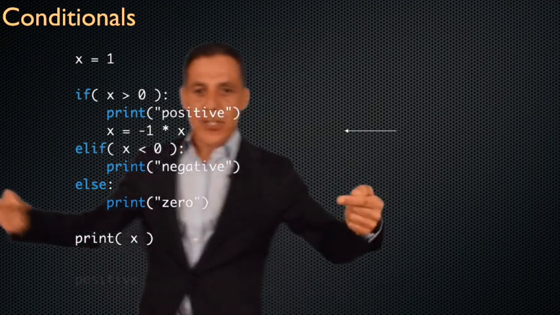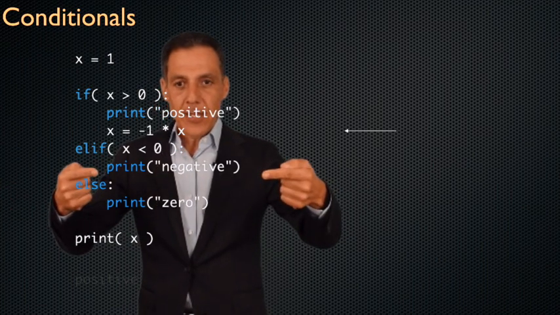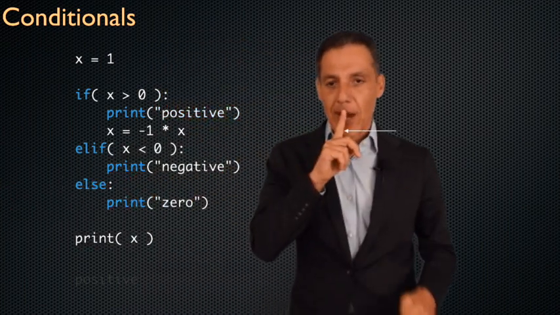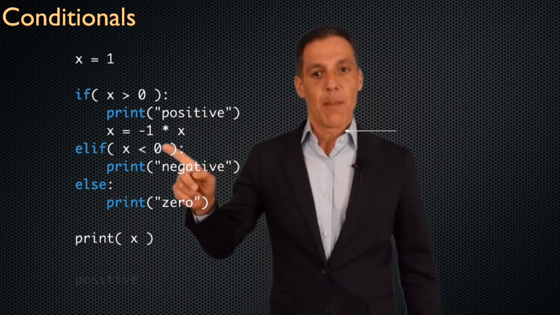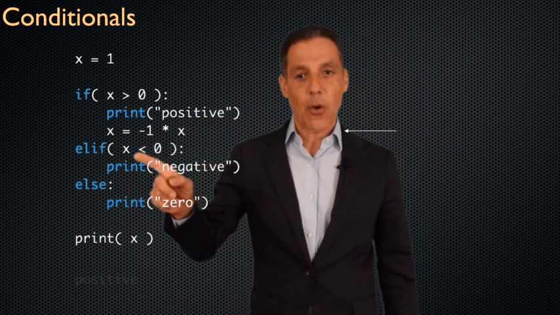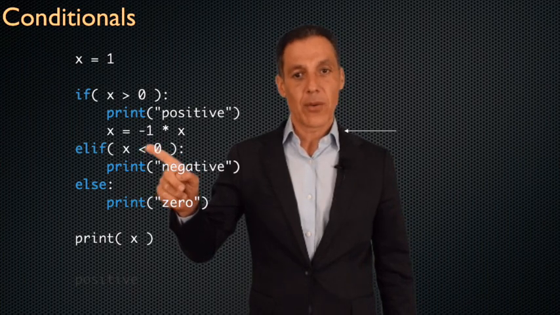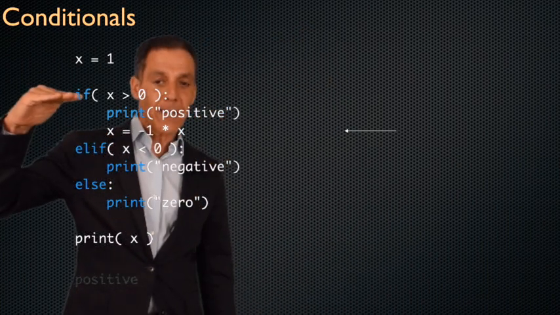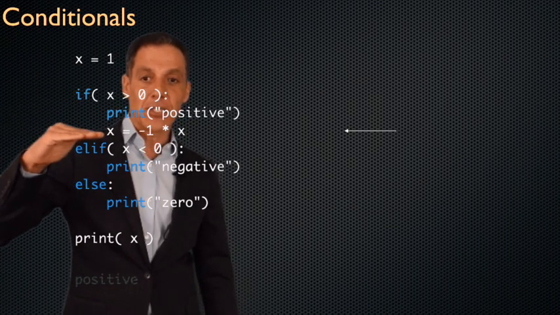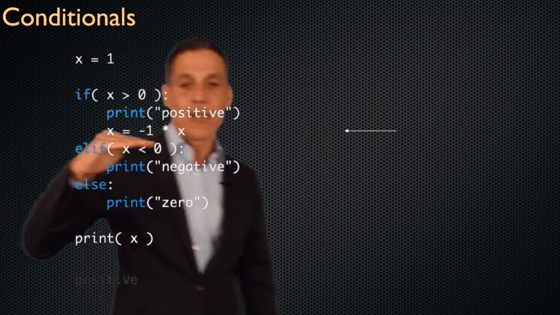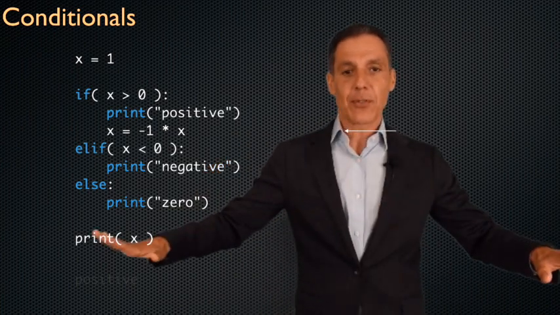All right, so if you said that I then print negative, that is unfortunately incorrect, and here's why. It is true, you are absolutely right that x is negative, but even though x is negative, I don't evaluate this conditional. Why? Because once I evaluate this, and it's true, none of these other clauses can happen, despite the fact that I've changed the value of x, completely irrelevant.